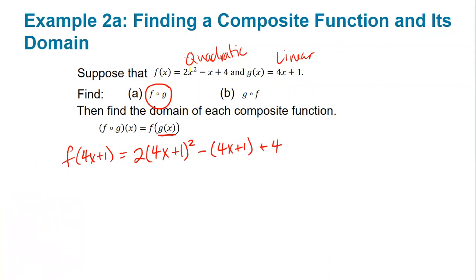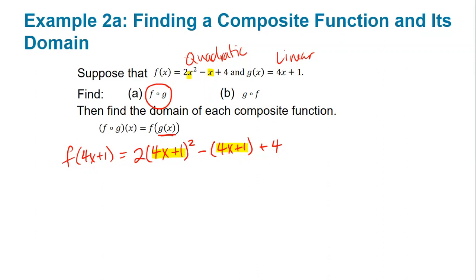That's because everywhere that there was an x, it became 4x plus 1. Do we see that? Everywhere that there's an x, because I'm not just plugging a number in, I'm plugging a whole function in the place of x.